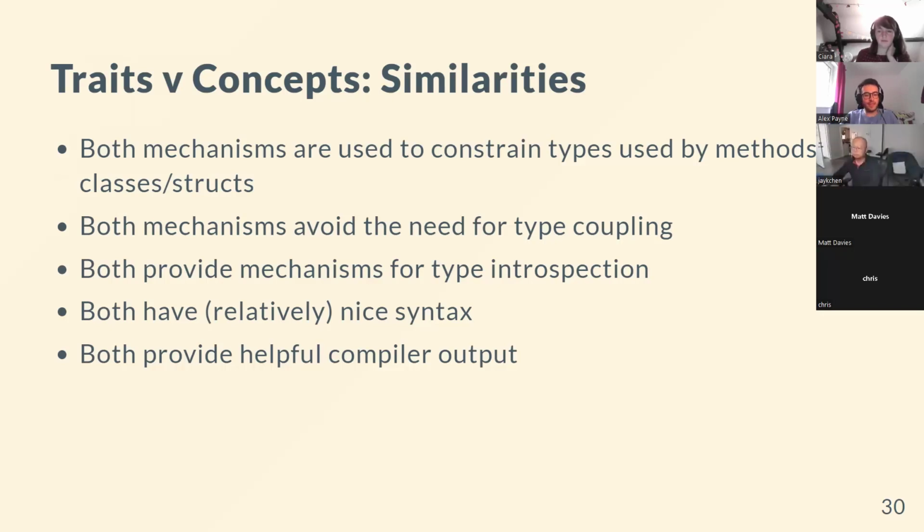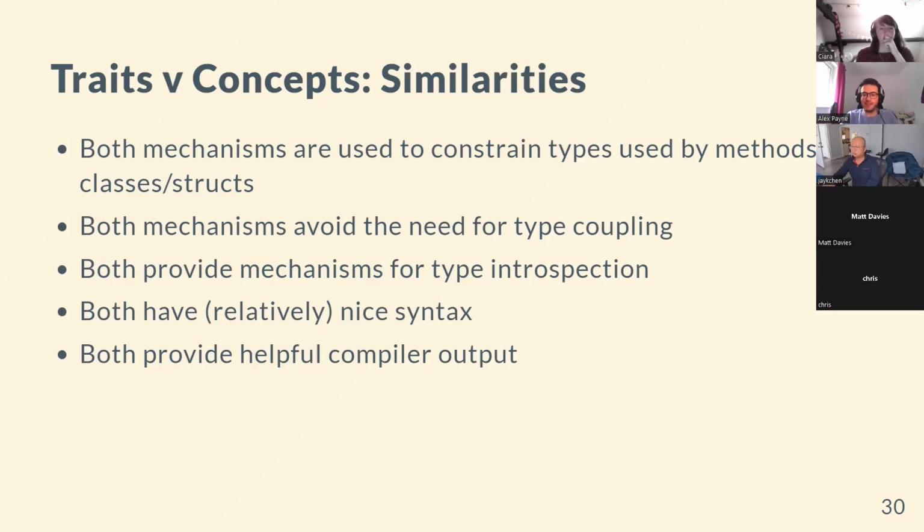So are they comparable? Well, in some ways they are. They're both mechanisms used to constrain types used by methods and classes or structs. They're both mechanisms that avoid the need for type coupling. They both provide mechanisms for type introspection. They both have a relatively nice syntax, which I'm going to sort of put a little post-it here.